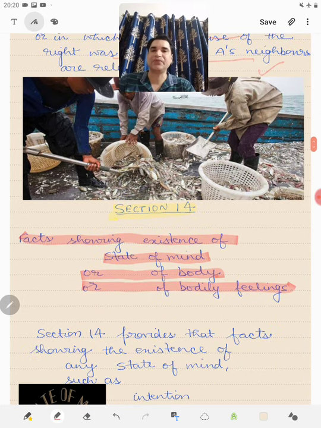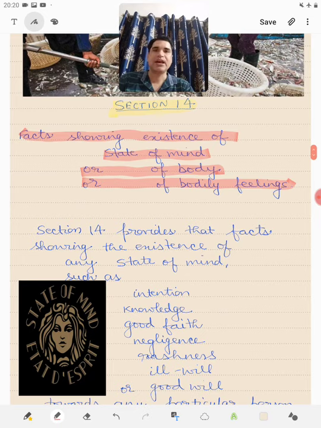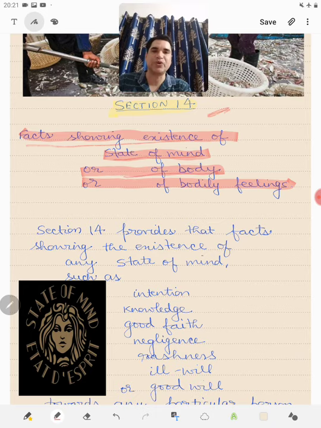Now let's see Section 14, which is very important from the point of view of examination as well as practice. It makes relevant facts showing the existence of a state of mind, state of body, or state of bodily feeling.